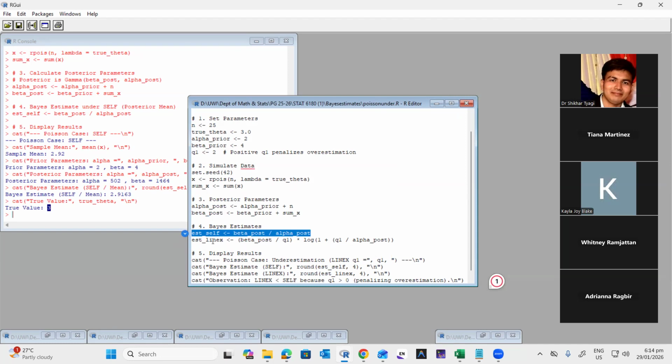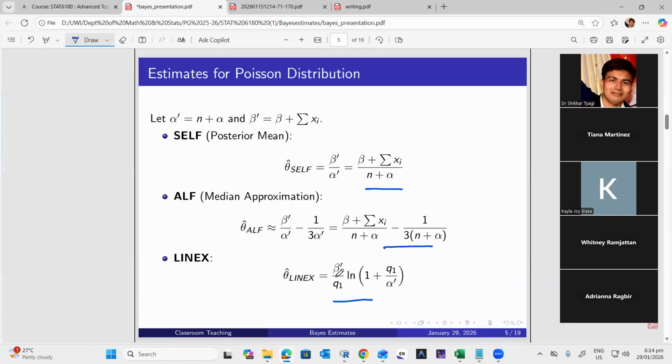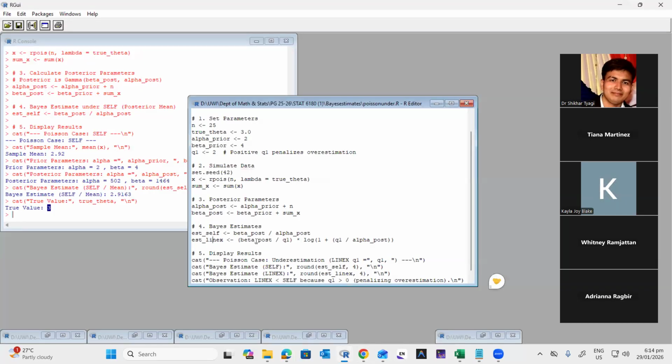Now we are going to write down the Bayes estimate under the LINEX. So the Bayes estimate under the LINEX is beta dash divided by q1 times log of 1 plus q1 divided by alpha dash. So beta post divided by q1 multiplied by log of 1 plus q1 divided by alpha post. We just simply need to keep the values of alpha dash and beta dash here.